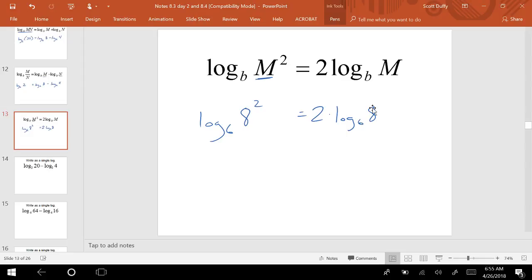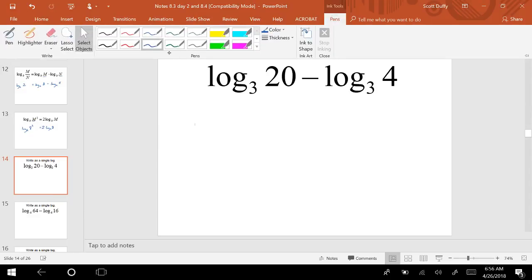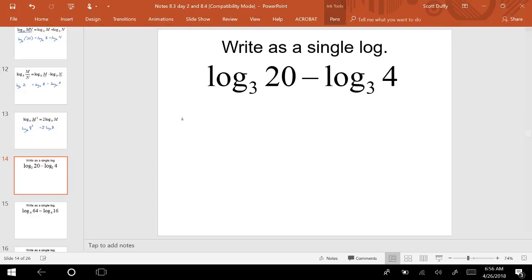And now we're going to use those to combine and also separate logarithms. Log base 3 of 20 minus log base 3 of 4, what we know is that is the division. Log base 3 of the first 20 divided by 4, which equals log base 3 of 5.